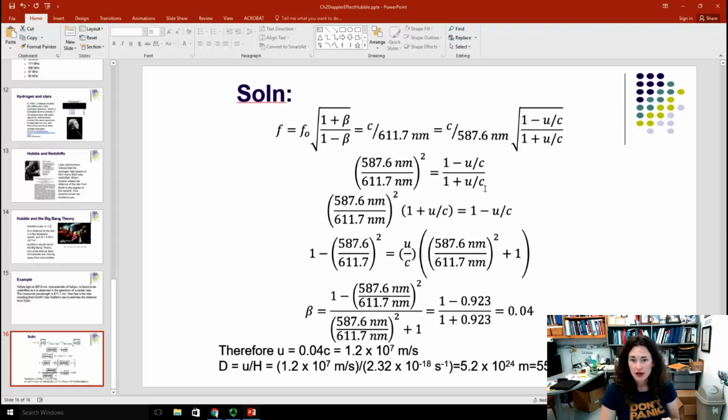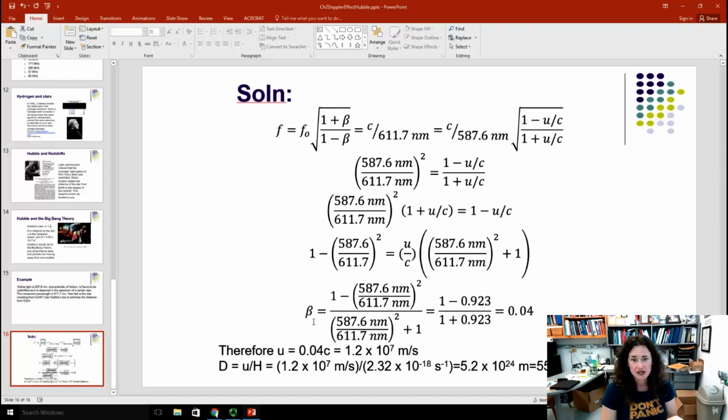Then I multiply both sides by the denominator here on the right-hand side, 1 plus u over c, and I end up with that. And then, yet again, I group like terms. I take all the factors that multiply u over c and move them to the right-hand side of the equation, and then take everything that doesn't have u over c and put it on the left. Just a little bit of algebraic manipulation, but please do feel free to pause the video and make certain that you can follow the steps that I've laid out here.